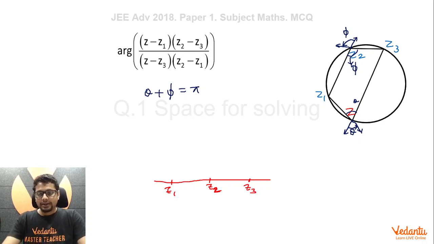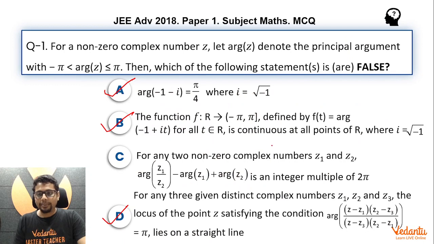Now for this to happen, that argument of Z minus Z1 by Z minus Z3 plus argument of Z2 minus Z3 by Z2 minus Z1 to be equal to pi, Z should lie on the line on which Z1, Z2, Z3 lie.